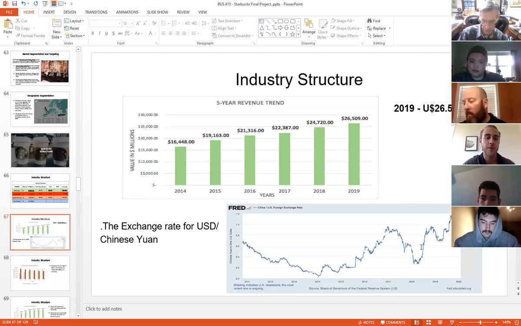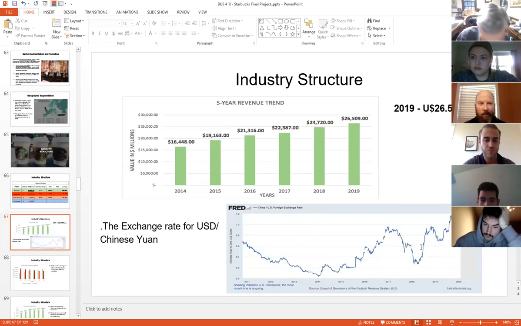Okay. Here's the 5-year revenue trend. Starbucks revenue has been increasing over the years, and in 2019 it had close to 27 billion. Down here we have the exchange rate for the US dollar against the Chinese yuan.